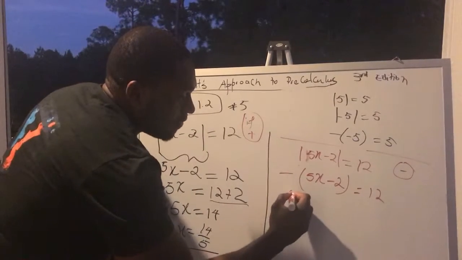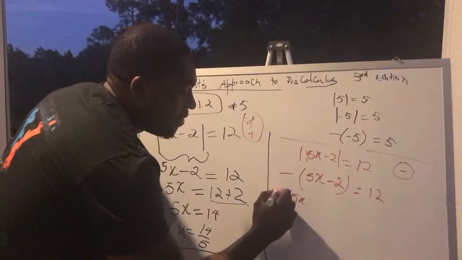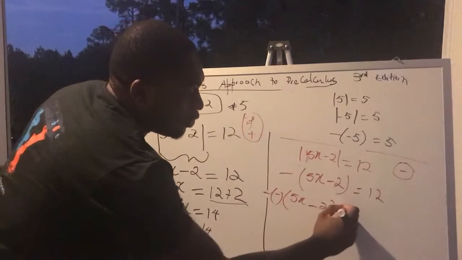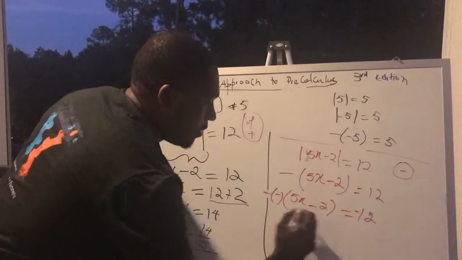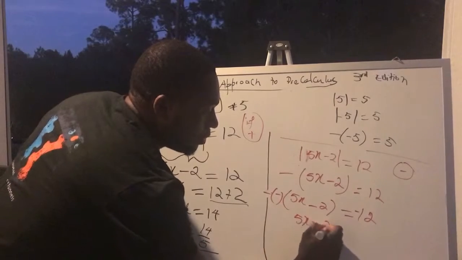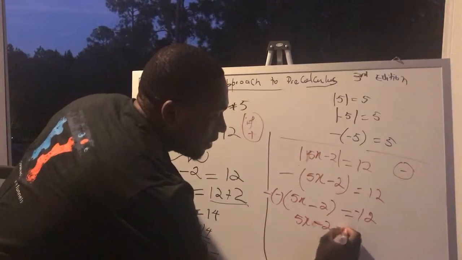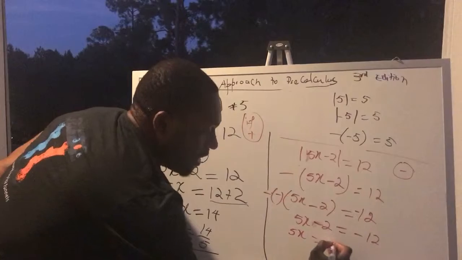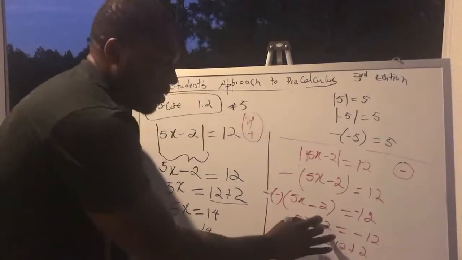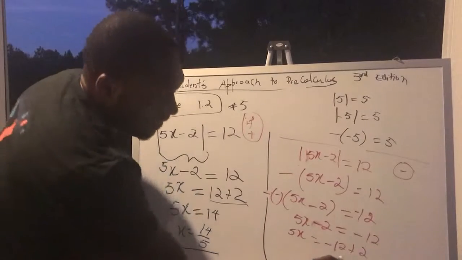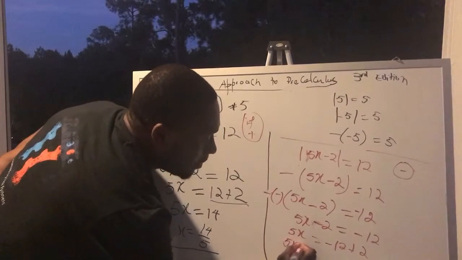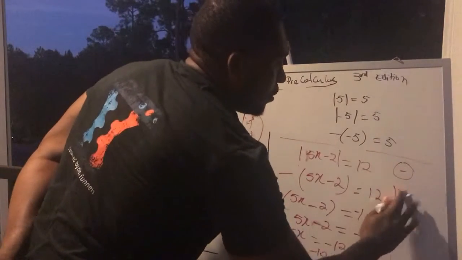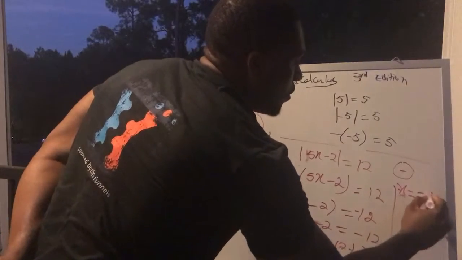So we have 5x minus 2 is equal to negative 12. So 5x is equal to negative 12 plus 2. The 2 jumps over from this side to this side and changes the sign. 5x is equal to negative 10. X is equal to negative 2.